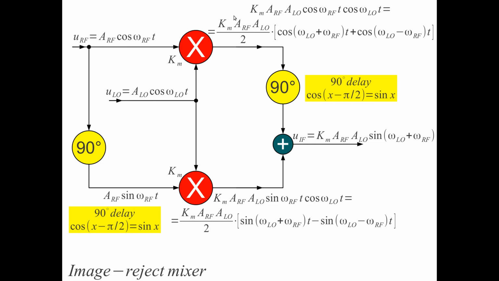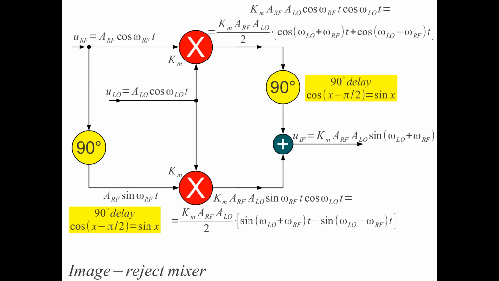We calculate the output response, and then we also delay the output signal. Again, the cosine function changes into sine. We obtain sines with a plus sign here, while here we obtain the minus sign. So if we sum this signal with the delayed signal, we only obtain the sum of the two frequencies at the output. The difference cancels out exactly if the circuit is ideal.